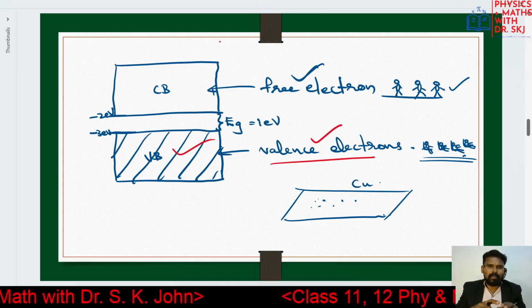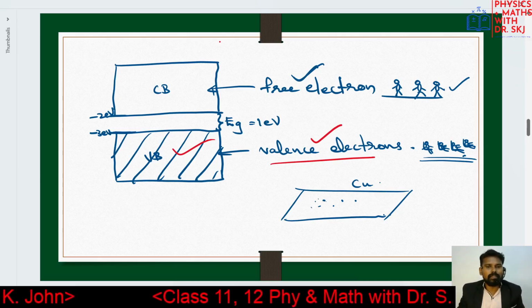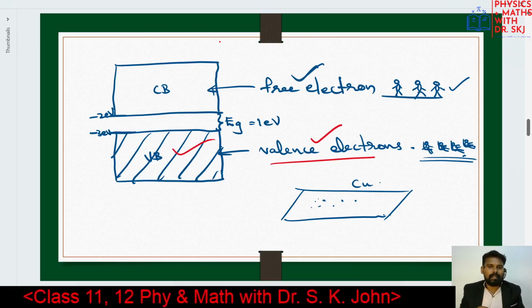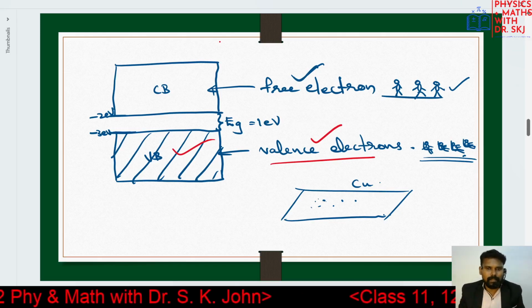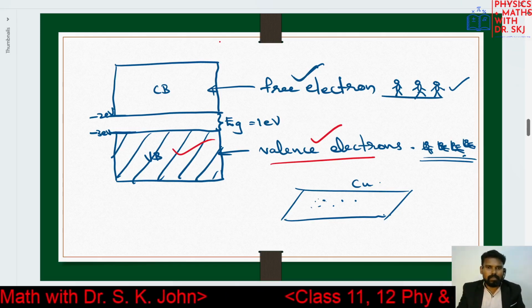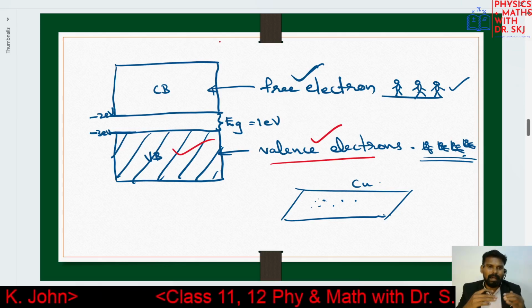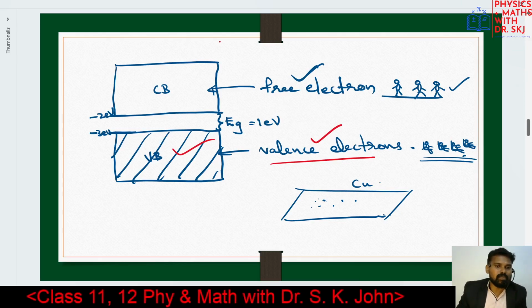In a covalent solid, there is a covalent bond between the atoms, so the electrons shared between the atoms, and even in ionic bonds, there is an attraction. The electrons participating in the bonds have their energy levels in this valence band.